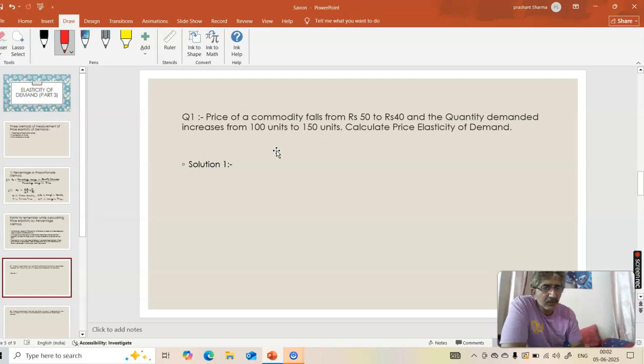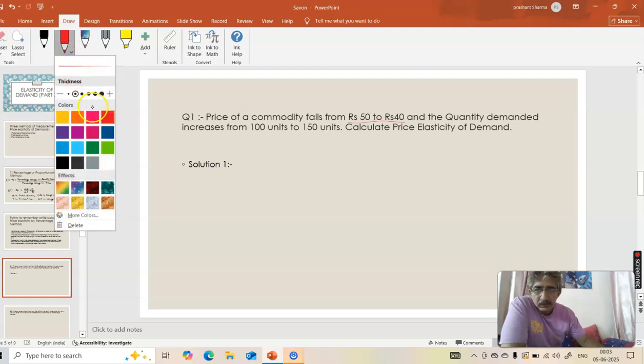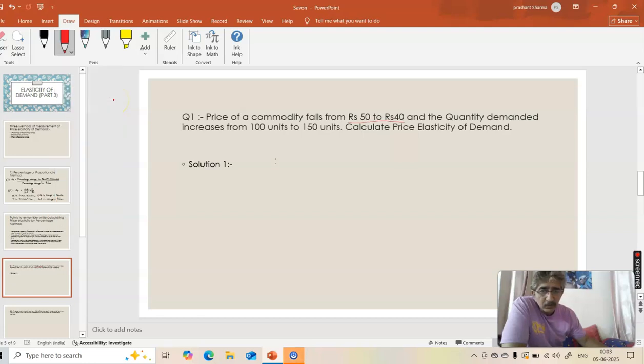Price of a commodity falls from rupees 50 to 40. I'll be solving it. So children, just a moment so that it's visible to you. Original price is rupees 50, children, and the price falls from 50 to 40.